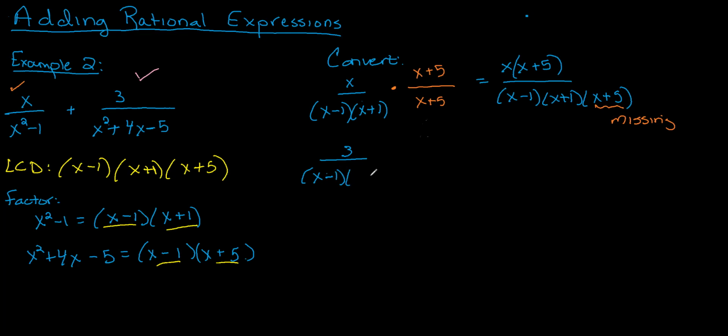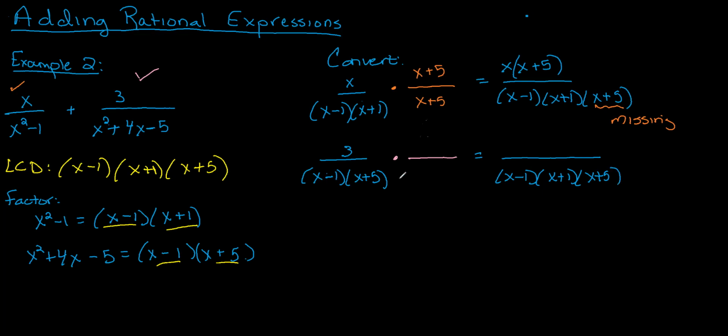So I've got an x minus 1 and an x plus 5 in that denominator. I need to multiply by something, same thing top and bottom, so that I obtain my desired least common denominator, which had an x minus 1, an x plus 1, and an x plus 5 as factors.